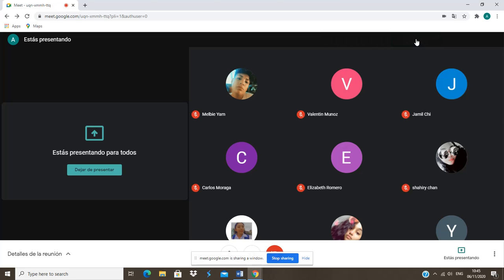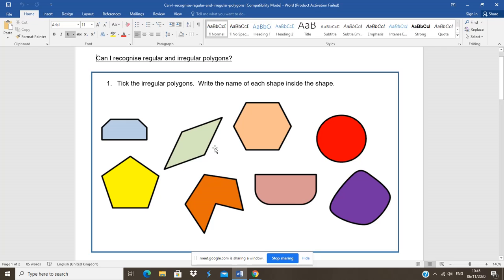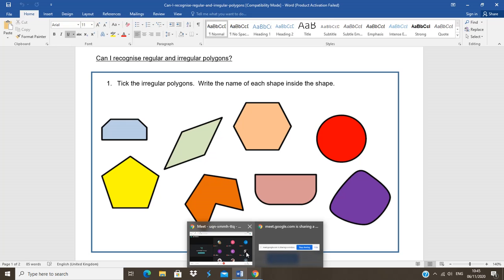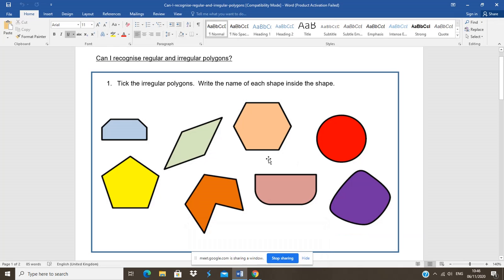Regular. Okay. Why do you think it's a regular polygon? Because they have the same shape, the same size. Exactly right.